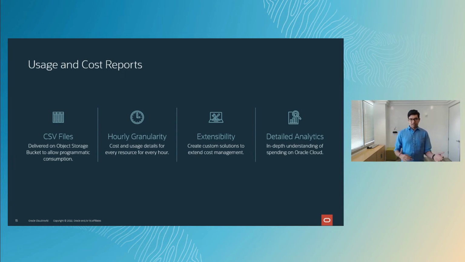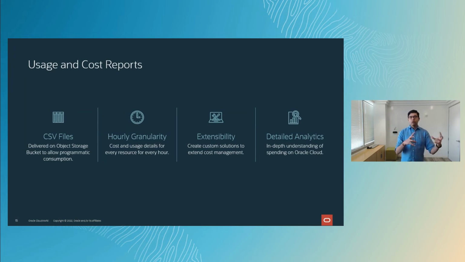So these have, as I said, resource-level and hourly data that you can extend for better visibility. You can also put it into different analytics tools, build fancy charts, and look at it all together.